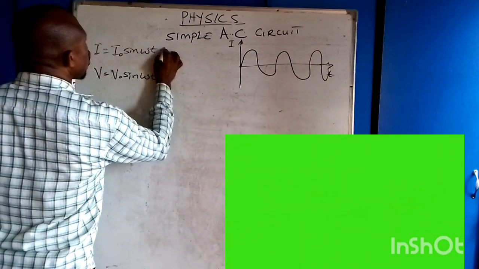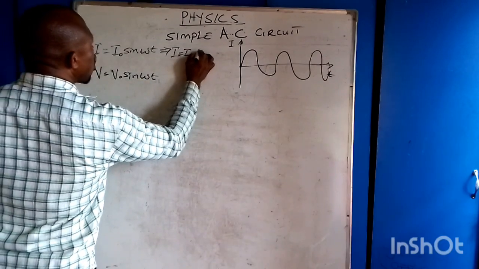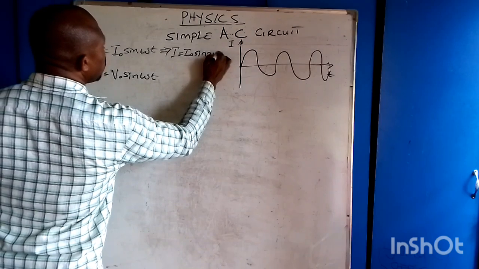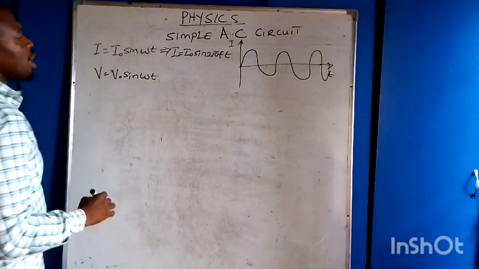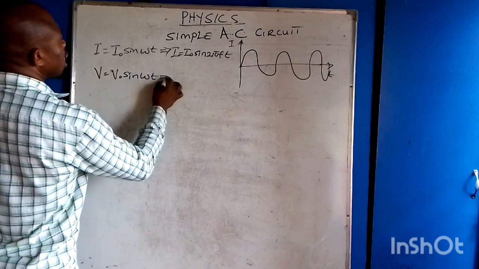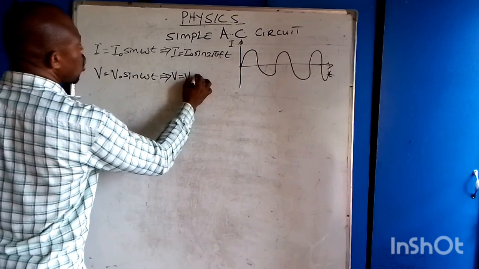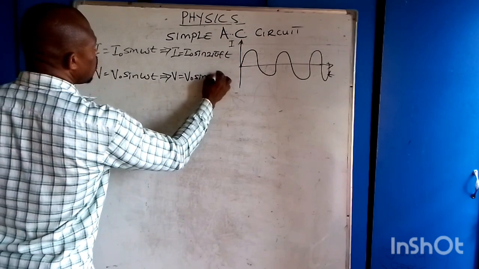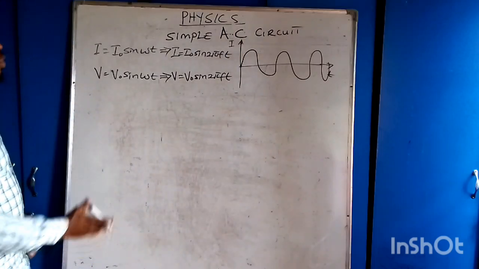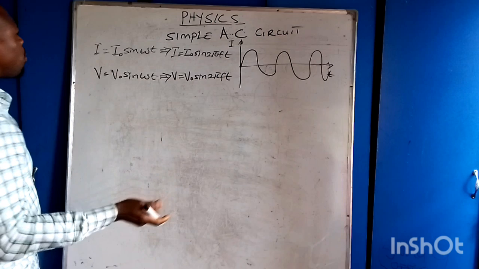So by extension, we can have I equals I naught sine 2 pi ft for the alternating current, while for the alternating voltage, we can have V equals V naught sine 2 pi ft. Now let us explain all these parameters one by one.